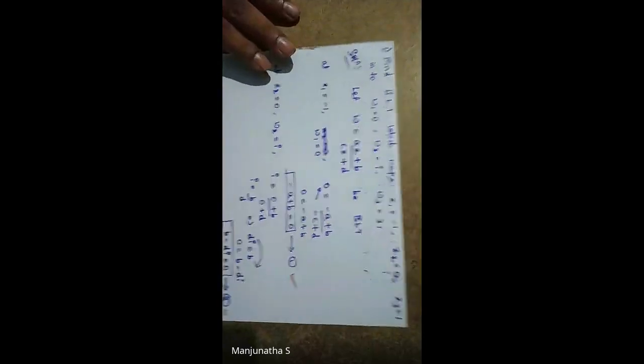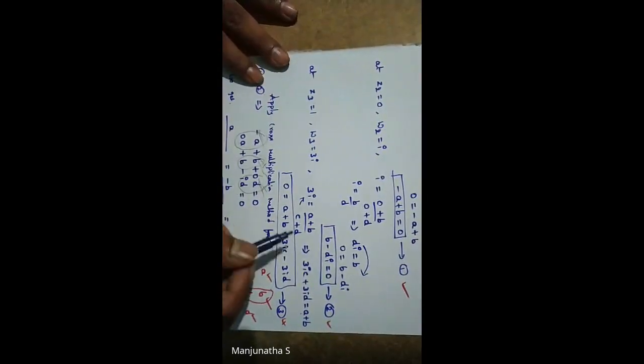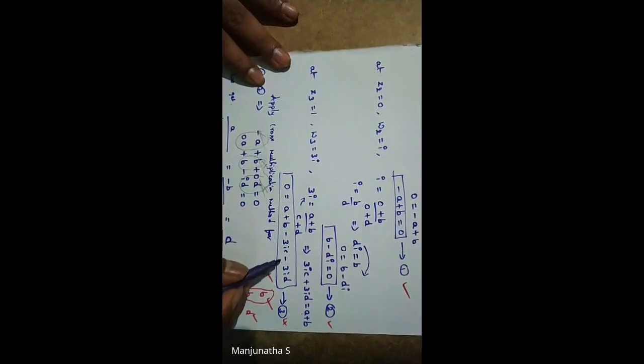I said I need all the 4 coefficients. So what did I get here? I got only 3 coefficients. So for one more coefficient, what will we do? We'll go for equation number 3. So what is equation number 3? See, we need an equation where all the 4 constants are there. We'll search for that. So see here, A, B, C, D, all the 4 constants are there in this equation.